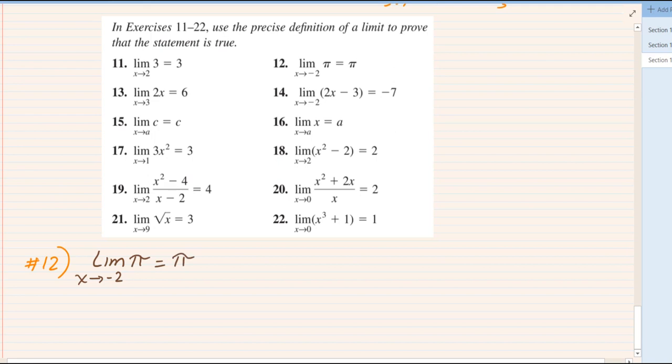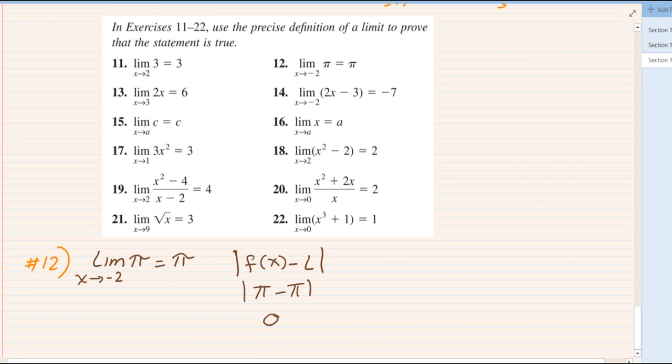Okay, so first let's start with our epsilon tolerance, f of x minus L, and f of x is pi, the limit is pi, and the difference is 0, isn't it?